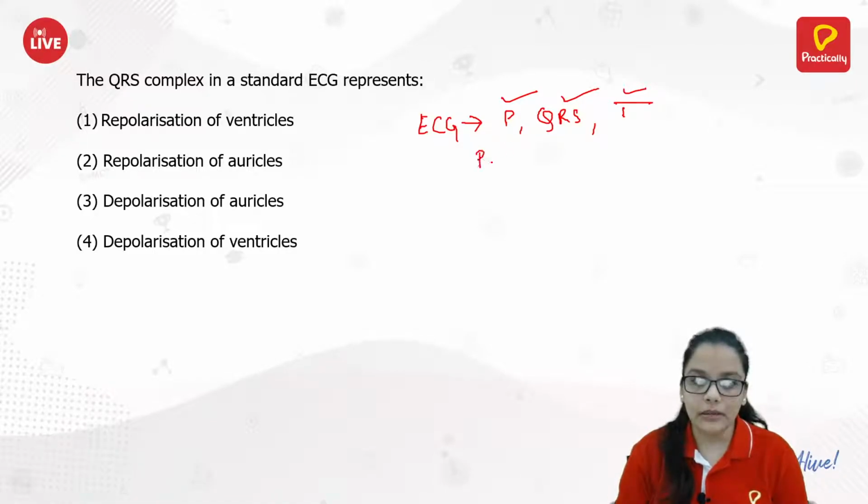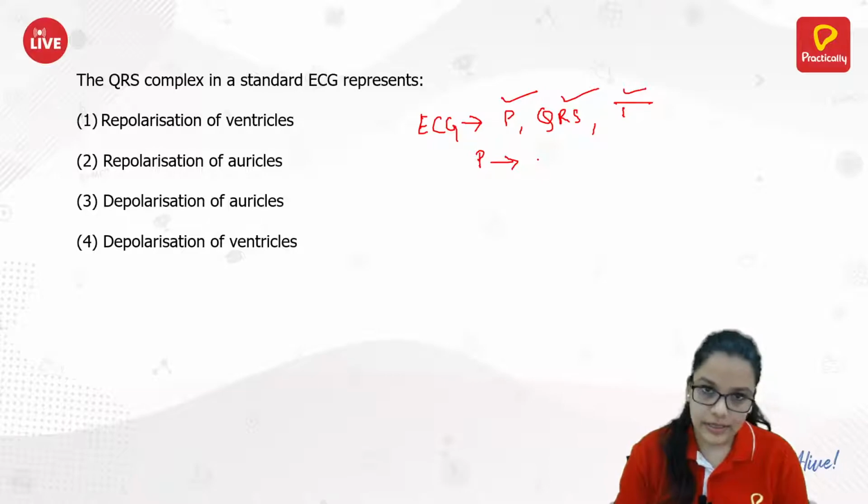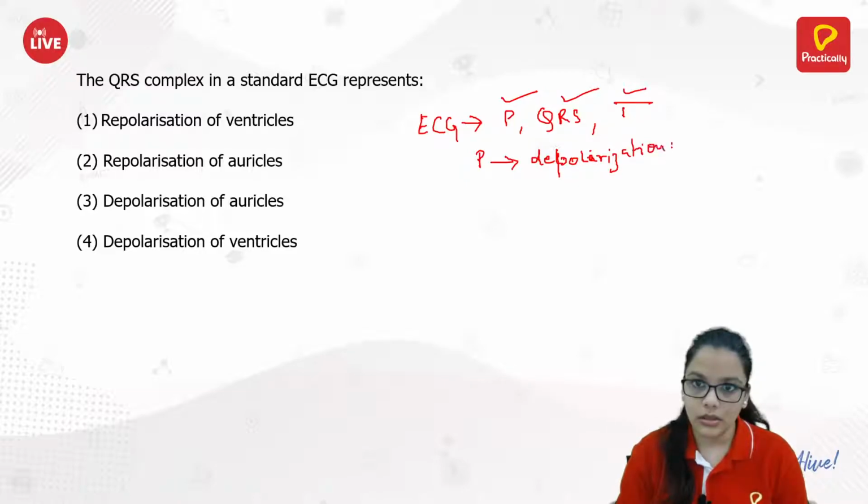For the P wave, it is depolarization of atria, or auricle. QRS is depolarization of ventricle.